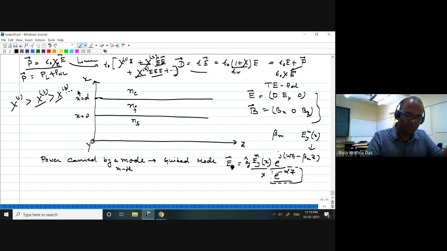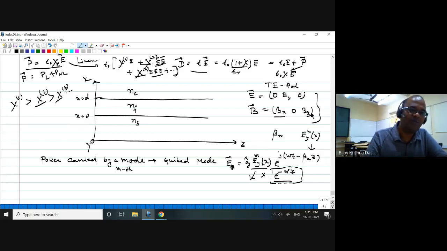Now my question is, there is no power limit, but depending on the power, the field strength will depend. If it is 1 milliwatt, you will have a certain field strength and a distribution of Ex. Similarly, you will have a Bx distribution, Bz distribution for that particular power level.